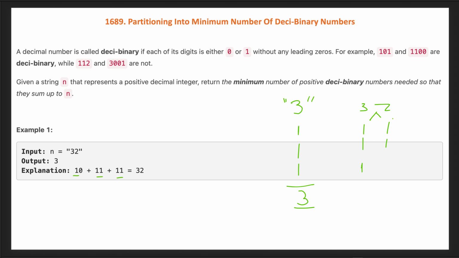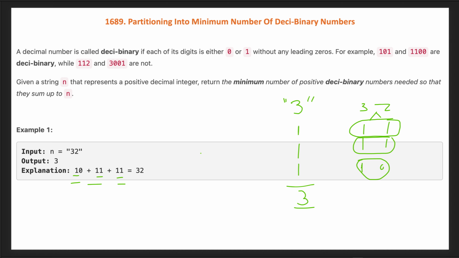So we club these to form one Deci binary number as 11, then another 11, and the third as 10. These are already given in the example, 10, 11, 11, and if we sum them up, it is 32.